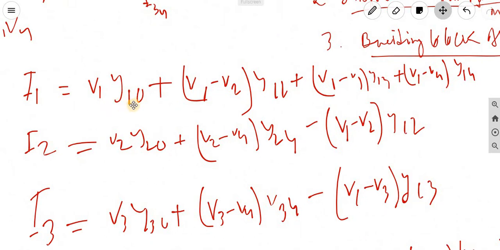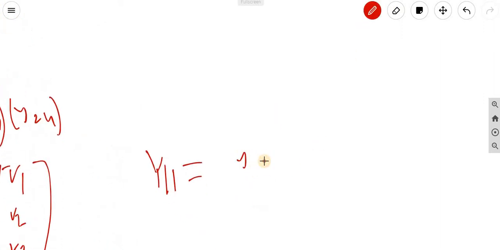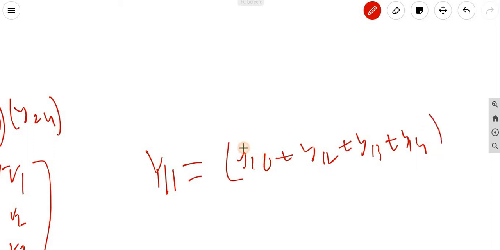The first element Y11 would be Y10 plus Y12 plus Y13 plus Y14, because this is the self admittance, due to generator and transformer, plus the contributions from the other buses this bus is connected to.